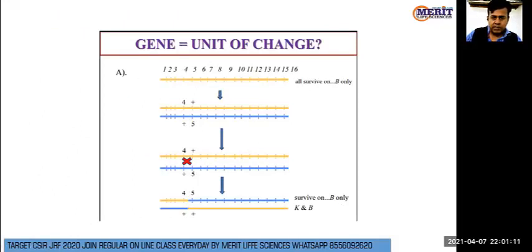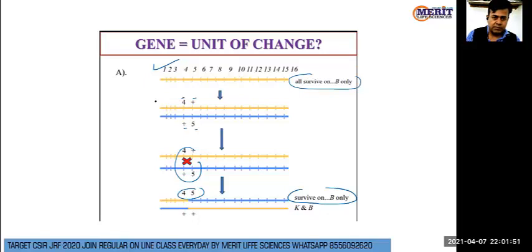Based on survival on B and K, now you can see what the deletion mapping is from here. This is the 4 plus 5. If they are recombining, they are producing 4, 5 at one locus and plus at a different locus. 4, 5 is going to survive on B only because they have complemented. You can see they all survive on B only because all the genes are aligned.